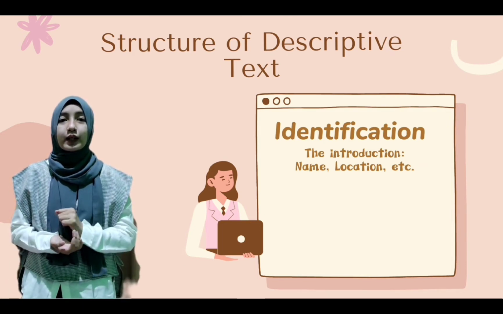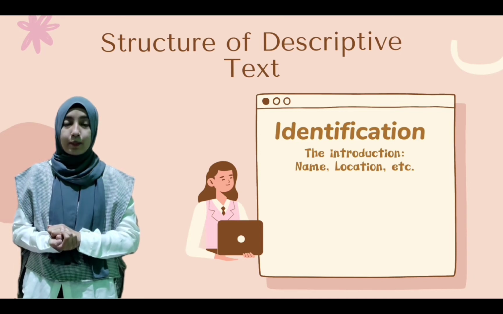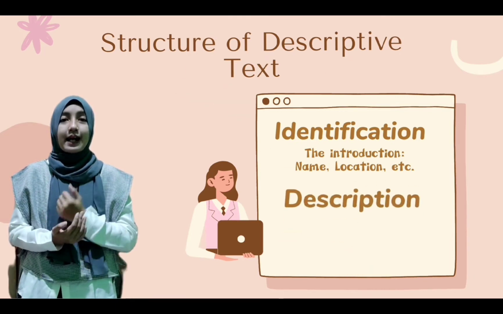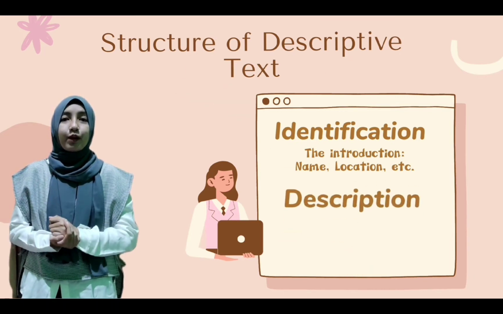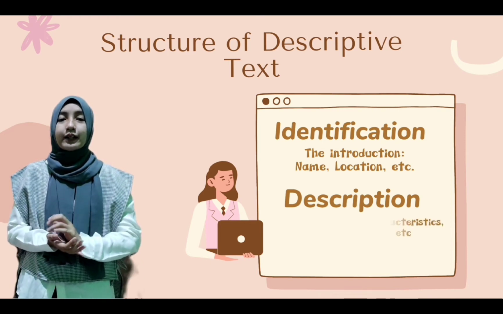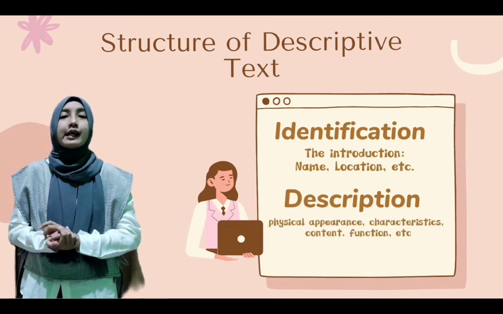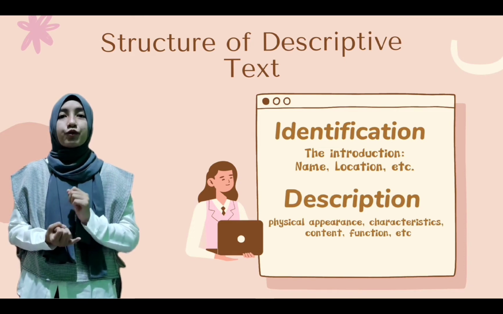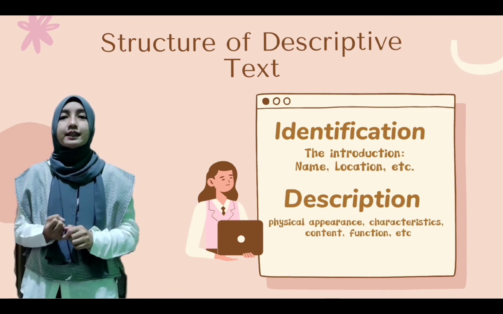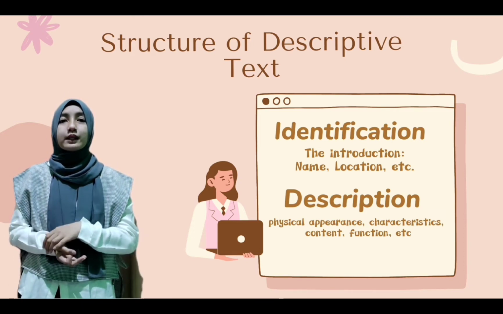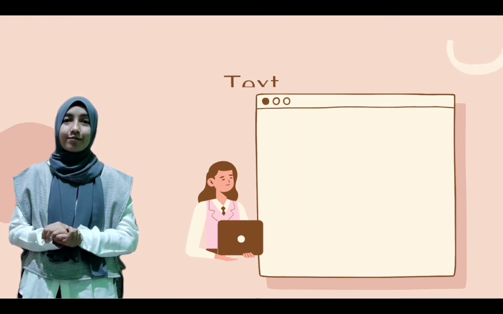Identification is usually located in the first paragraph. And second is description. This part shows the detailed description of the subject. It might include information about the appearance, the forms, or the qualities of the subject being described.